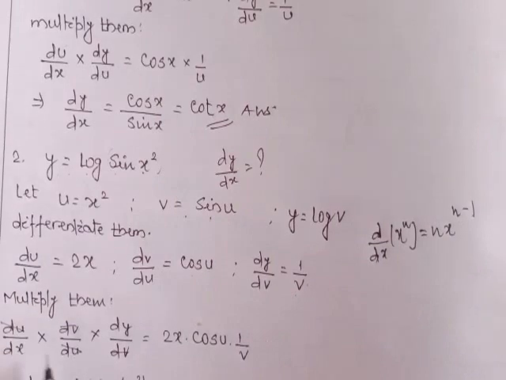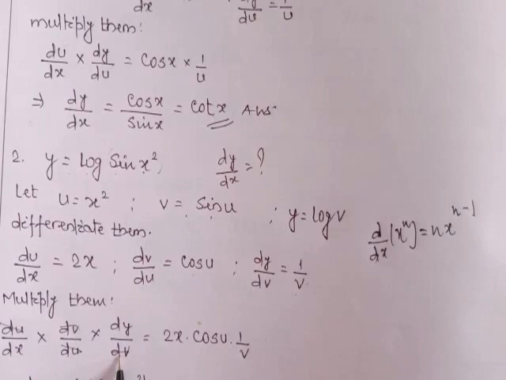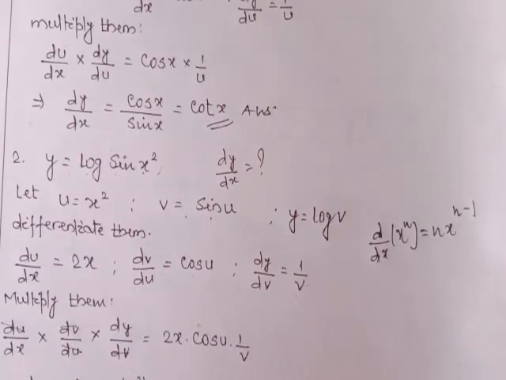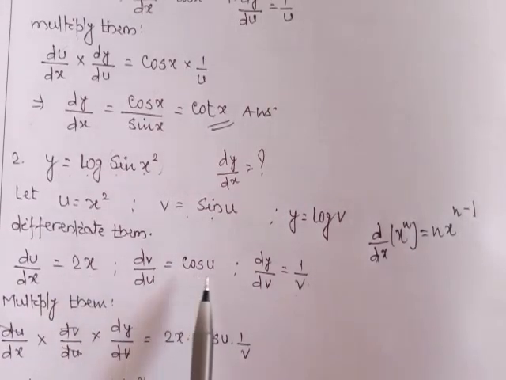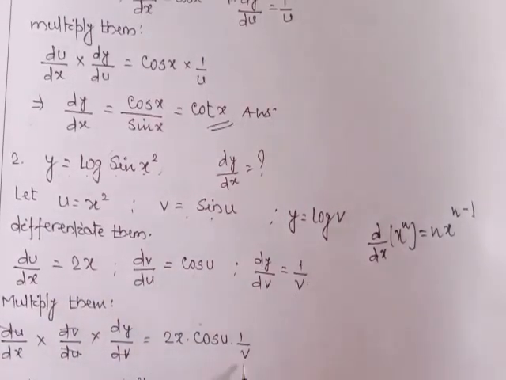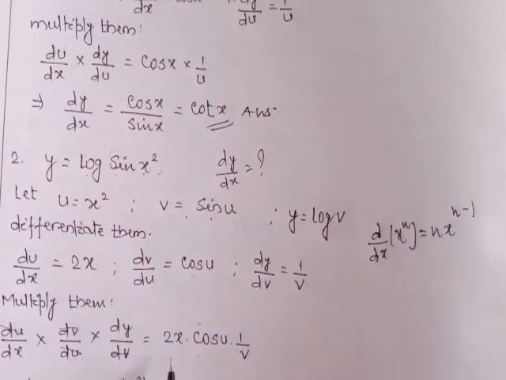So in the left side we have du by dx into dv by du into dy by dv. So see carefully, du and du should cancel. Similarly, dv and dv should also be cancelled. So how much left here? dy by dx, and in the right side we have 2x into cos u into 1 by v. So 2x cos u by v.